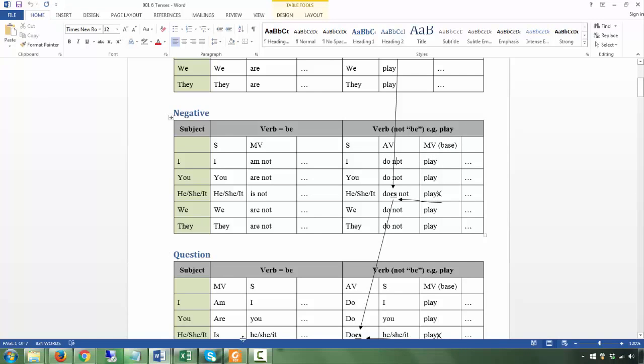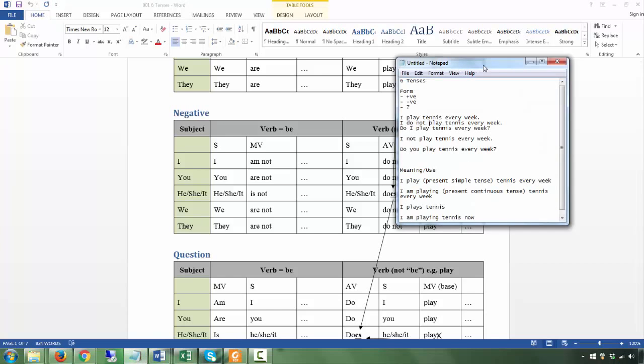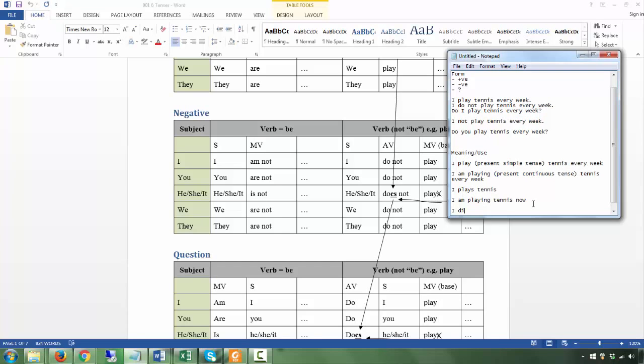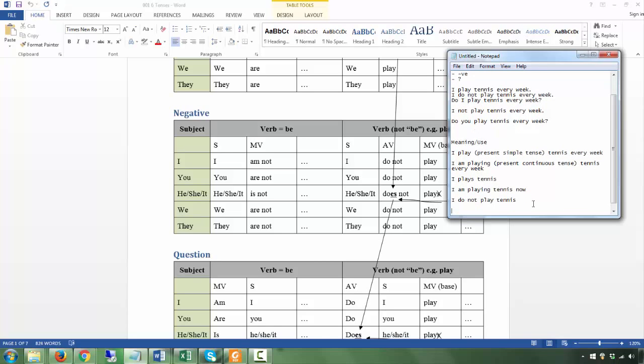Okay, and therefore you could also write something like, in the present simple, I do not play tennis. This do is an auxiliary verb, and this play is a main verb, which gives you the meaning. You could also have a main verb as do.